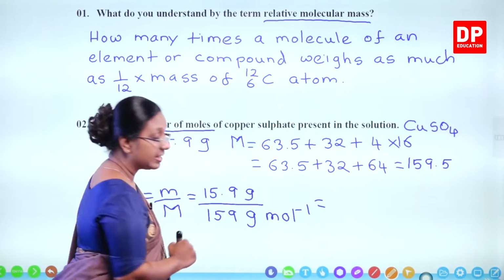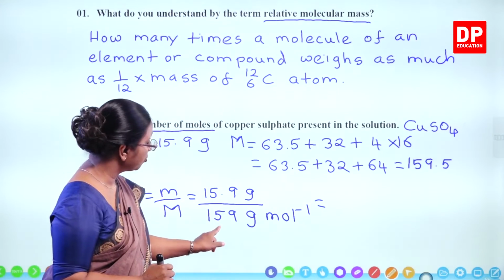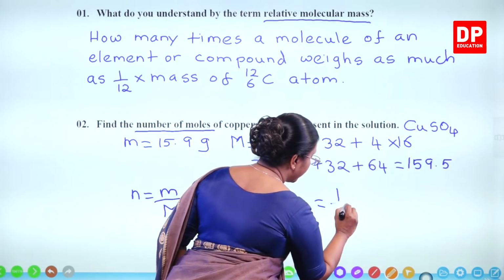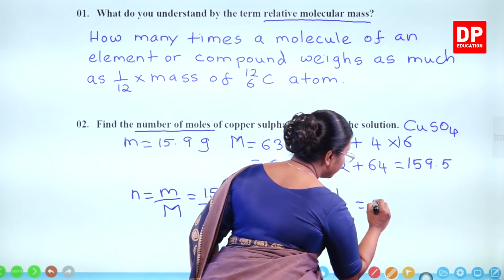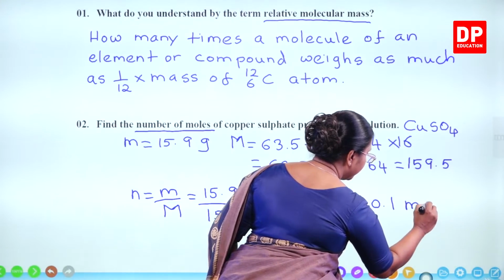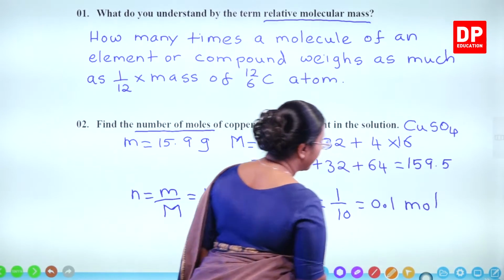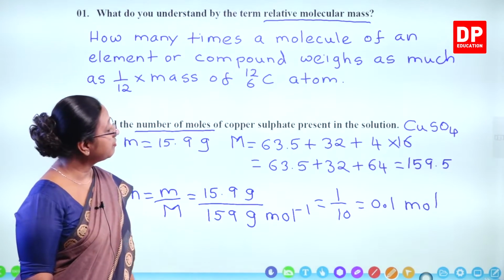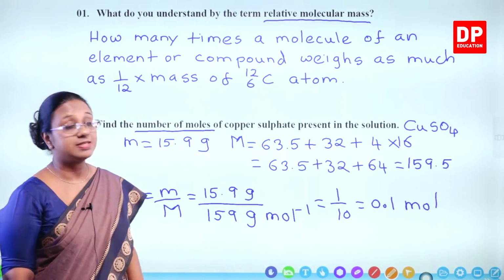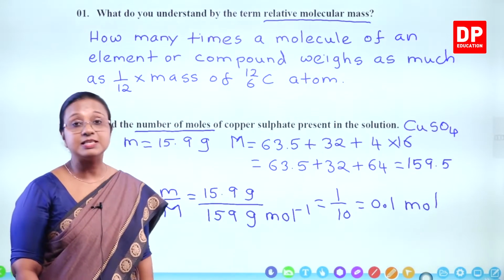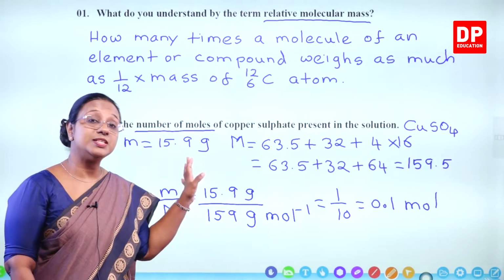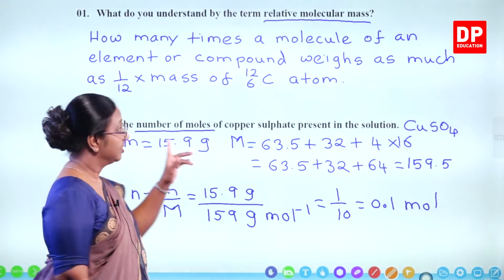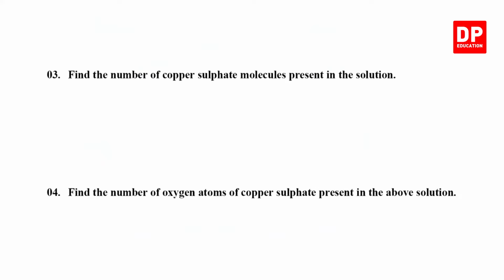So you can see the relationship, 1 over 10. So 1 over 10, that is equal to 0.1 moles. 0.1 moles of copper sulfate. Find the number of moles of copper sulfate present in the solution. So that is 0.1 moles. Is it correct? Yes.